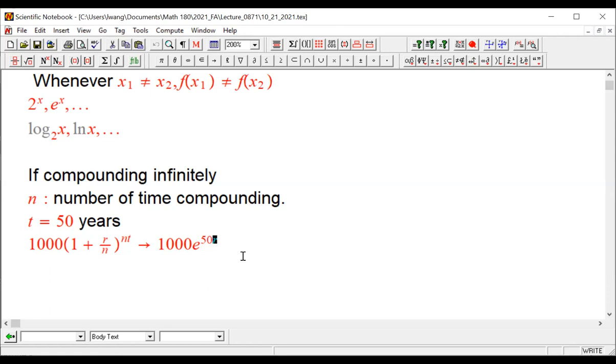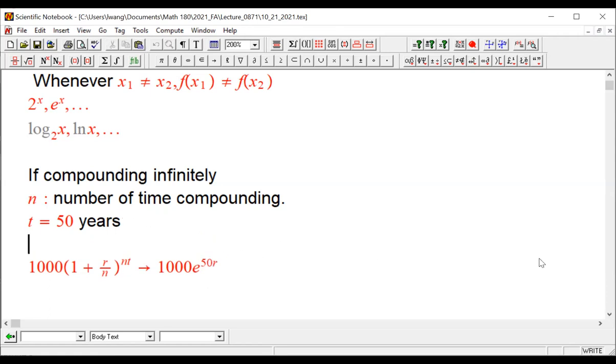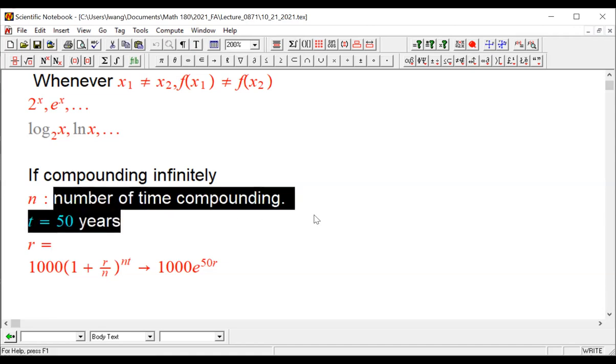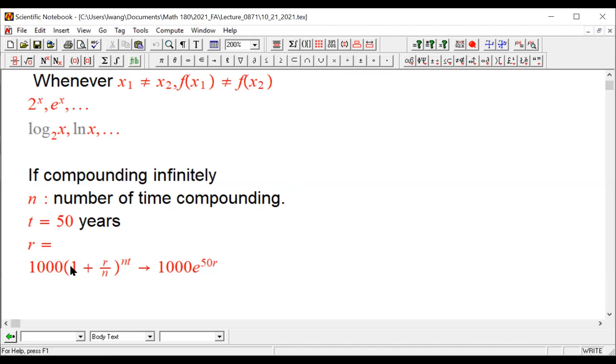Suppose you have, what rate do you have? This rate is continuous, Professor, right? No, the rate is fixed. 5%. What is your rate? The key here is you compound an infinite number of times. Okay, so we will let the number of times compounding approach infinity.